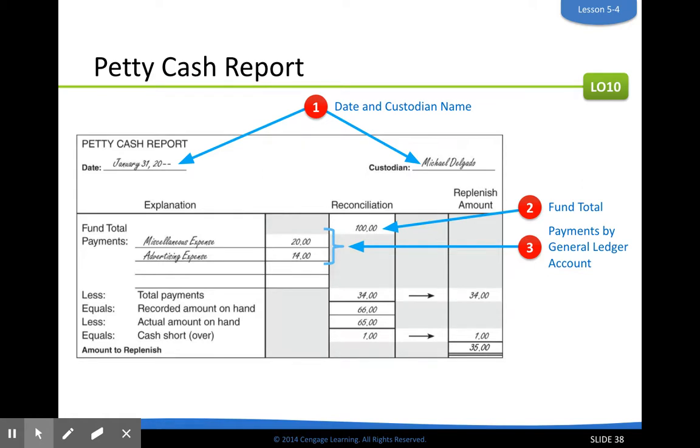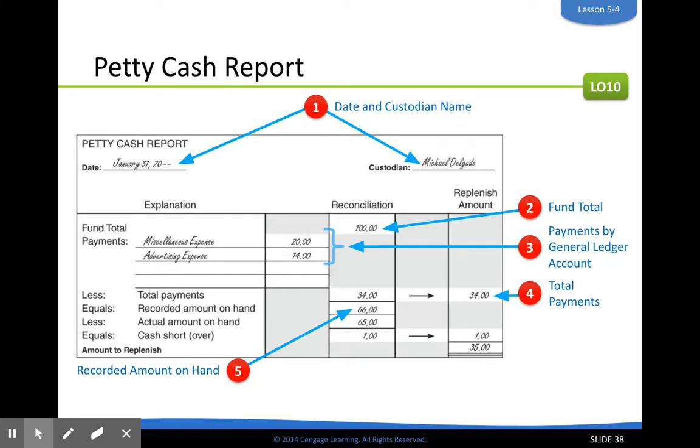We wrote 2 petty cash slips, one for miscellaneous expense for $20, one for advertising expense for $14. Total those up, and we have $34. So we need to replenish that. We need to fill our account back up with that $34. We should have $66 on hand.